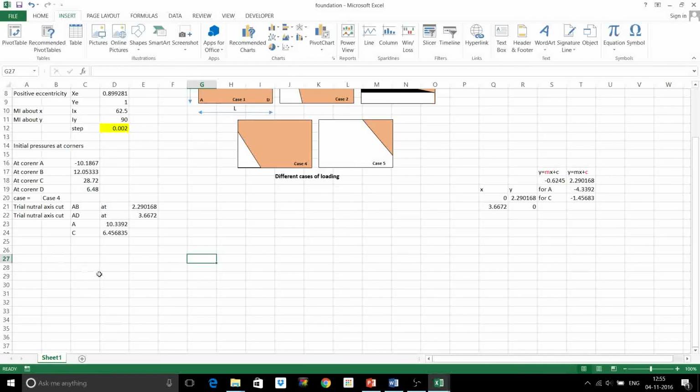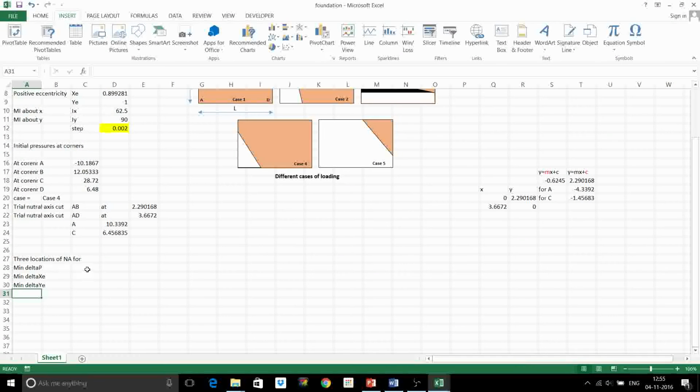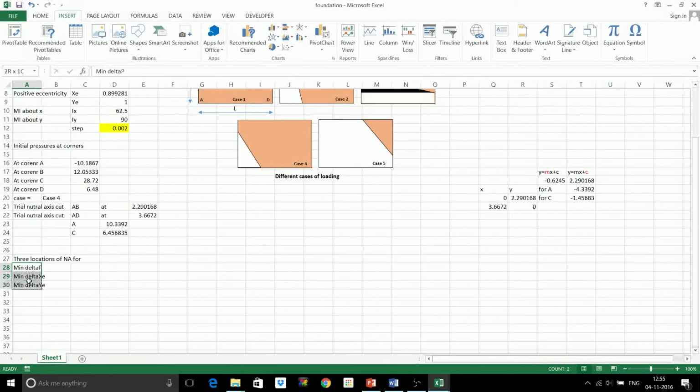Now what I want to do is prepare a program to find out three locations of the neutral axis first, and then the second phase of iteration. Three locations in A for minimum delta p, minimum delta xe, minimum delta ye. For this I want to find out the values of a, c, p and CG's.